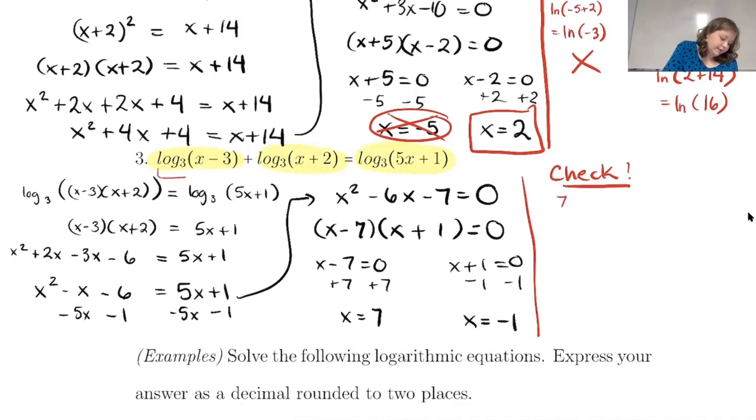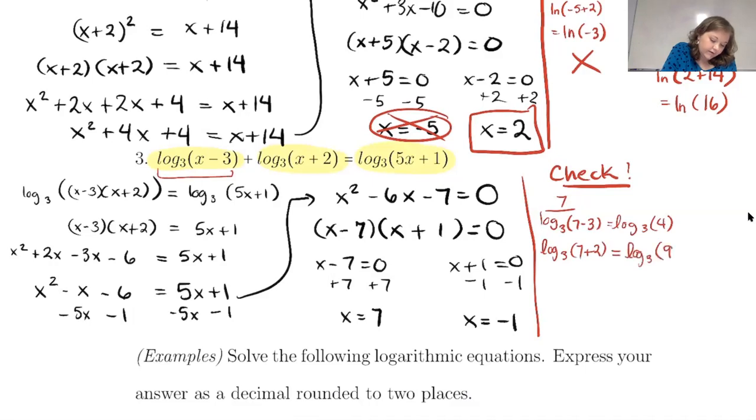So I'm going to plug it into this first one. Log base 3 of 7 minus 3 is log base 3 of 4, which is positive, so that's fine. Log base 3 of 7 plus 2 equals log base 3 of 9, which is also positive, so that one's good.